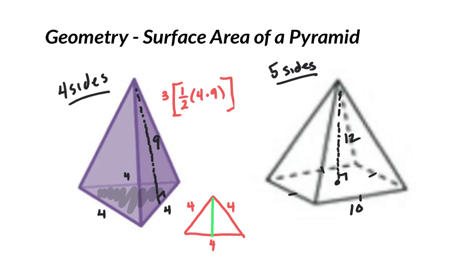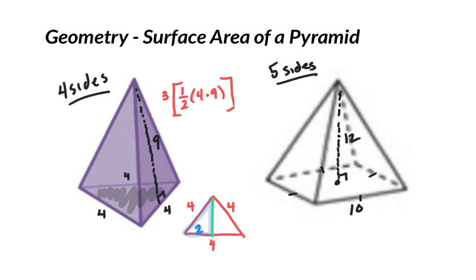Well, we can find the height on this, and there's definitely a formula out there for doing this because it's an equilateral triangle, because of the angle measurements, but I'm going to do this with the Pythagorean theorem. I'm going to see in here that we have one right triangle, and it's got a hypotenuse of 4, and this side is 2, because it's half of that whole base of 4.